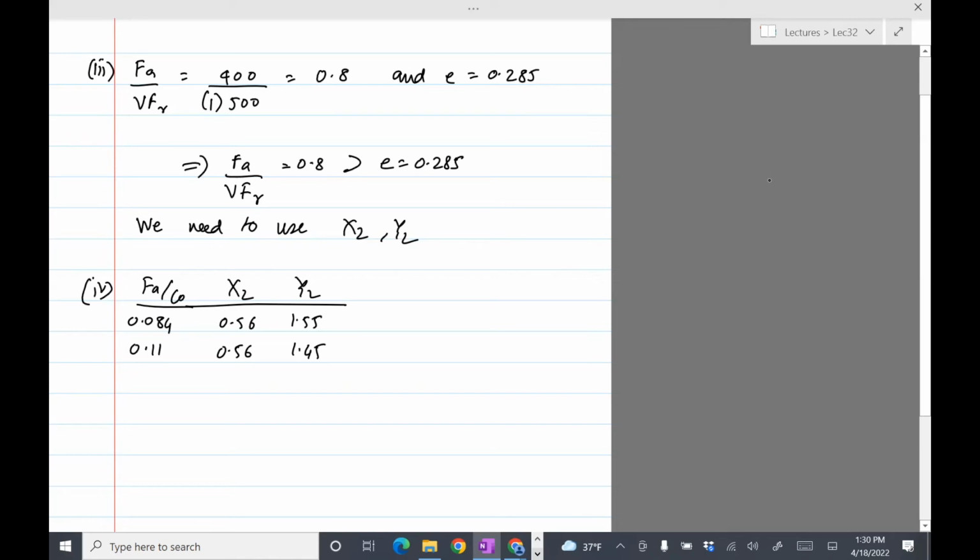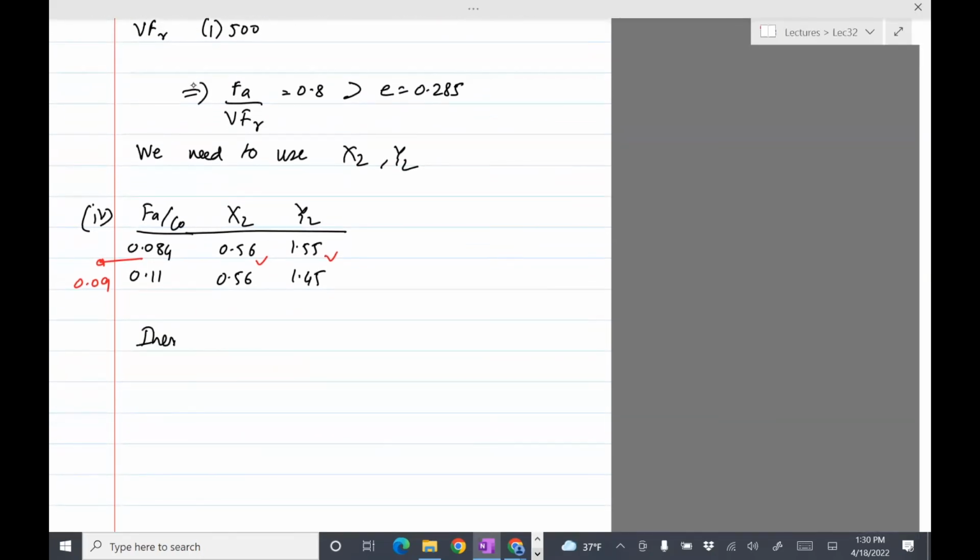Okay, now, as I said, we are interested in a value which is in between here, 0.09. So we are good with x2 because it's the same. We want to compute what y2 is, and so we interpolate. Interpolating.